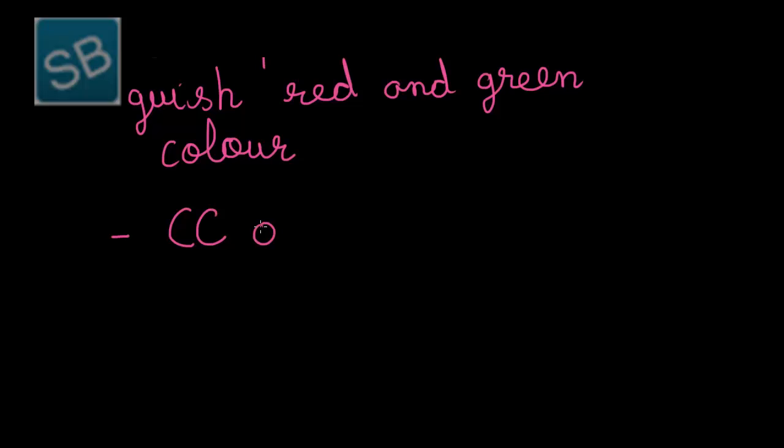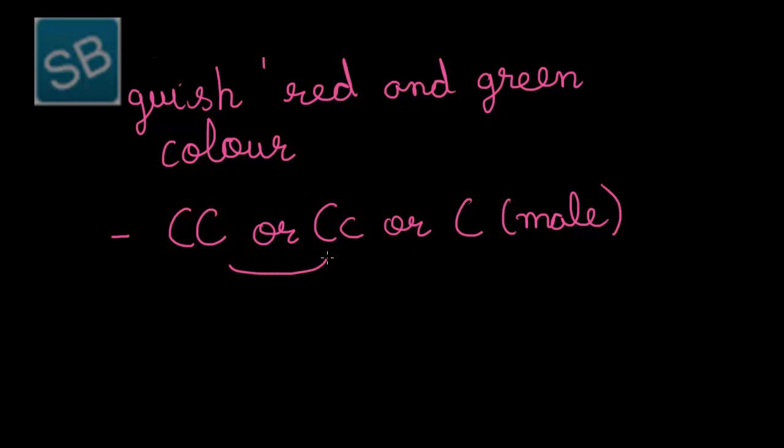So here the normal condition can be capital C, then heterozygous, that is capital C and small c, or only C. This only C occurs only in males. So such a dominant condition, whether homozygous or heterozygous, represents the normal person.